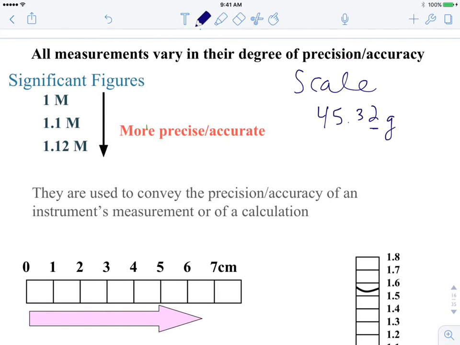Now if I were to write this down and report it as 45.32658143, your lab partner and me and everybody else would say, where did you come up with all of these numbers? Those aren't on the scale.